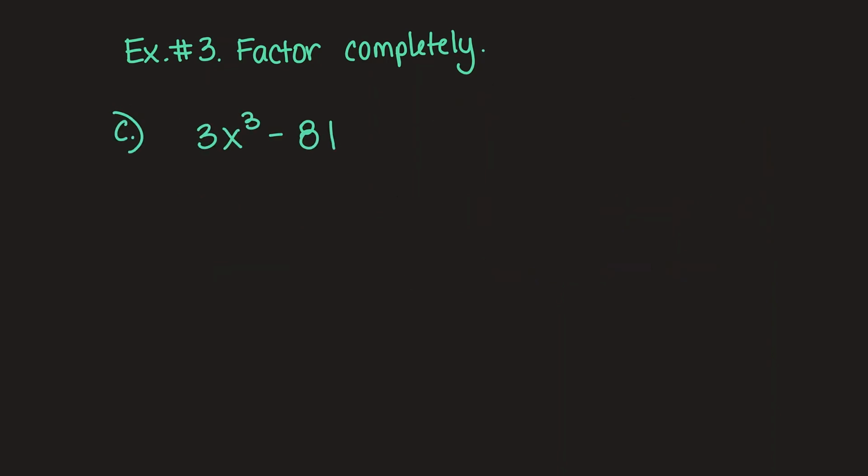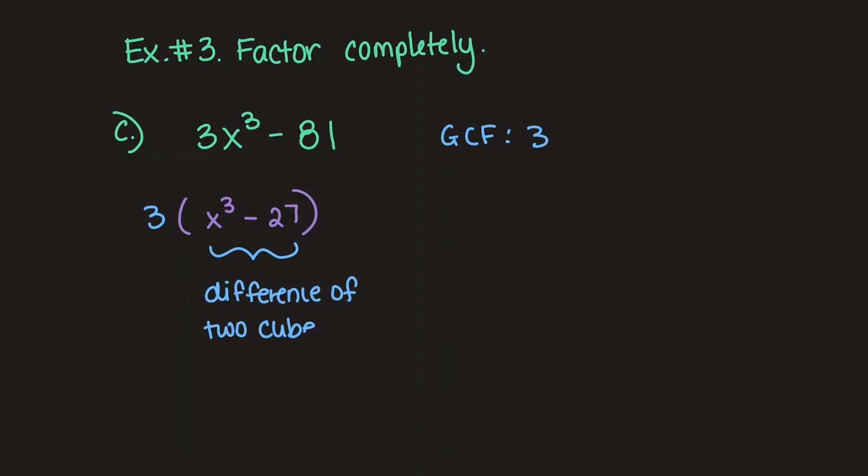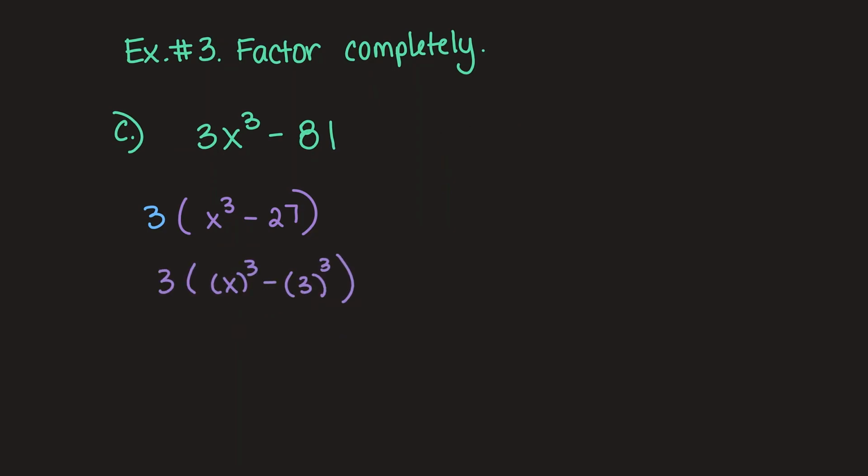And for the last example, it looks like we can't write this as a difference of cubes, but we can actually factor out a GCF of 3. Again, this is always what you want to do first if possible. Now we have a difference of 2 cubes here, since we can rewrite this as x cubed minus 3 cubed.